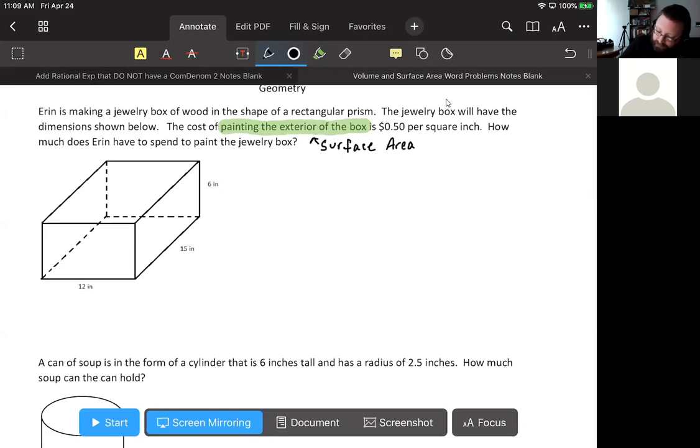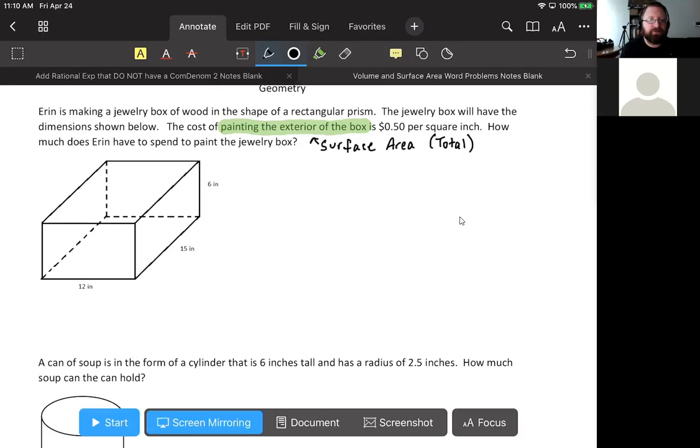Now, since it's the entire outside of the box, it's going to be a total surface area problem, okay? If it just said she wanted to paint the sides of the box, then that would make it a lateral surface area problem, okay? And if it were asking, say, how many cubic inches of jewelry can she fit in the box, then that's marking it as a volume problem.